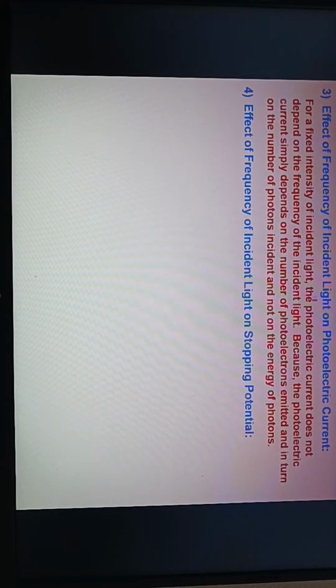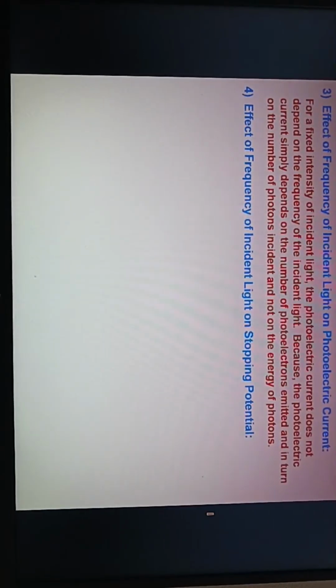Read this sentence. For this you are going to get 3 marks. Effects of frequency of incident light on photoelectric current. For a fixed intensity of incident light, photoelectric current does not depend on the frequency of incident light, because photoelectric current simply depends on the number of photoelectrons emitted, and in turn only on the number of photons incident and not the energy of photons.